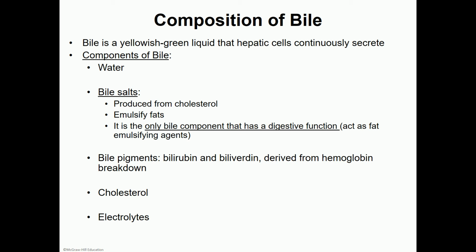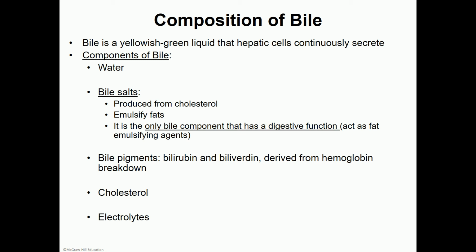Hepatocytes, the liver cells, are the cells that produce and secrete bile. You can see there's a continuous secretion of bile by hepatocytes, and then it is transmitted to the gallbladder to be stored and then released upon eating, especially fatty diets.